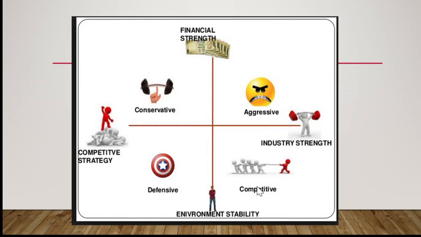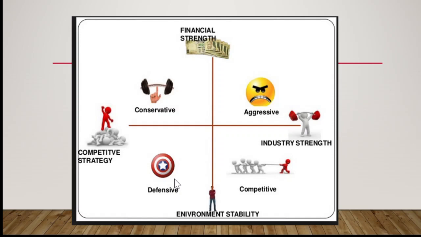Okay, kasi nga mababa. For the conservative naman, usually it arises when the firm is financially strong but unlikely to make significant returns from the business. So, yung usual strategy is to look for diversification opportunities in more attractive competitive situations. While defensive naman, of course, we fall under this quadrant if all dimensions scored poorly.